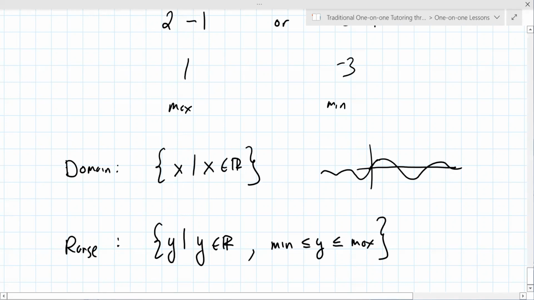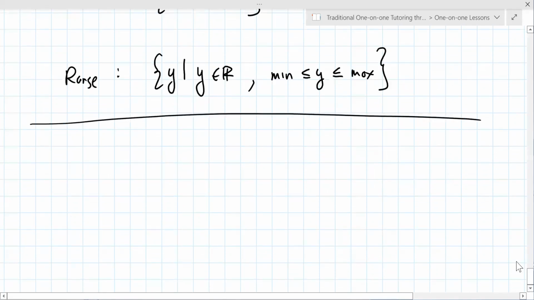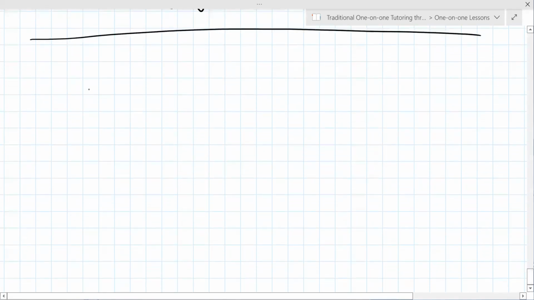Okay, so let's do that here. So let's say it's y equals -3 sine of some stuff plus 2. Okay. So you do the following. You do -3 plus 2, and then you switch the sign on the front number.